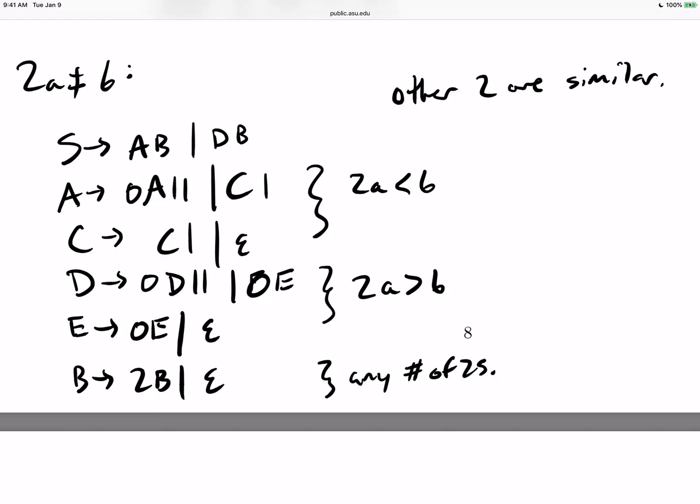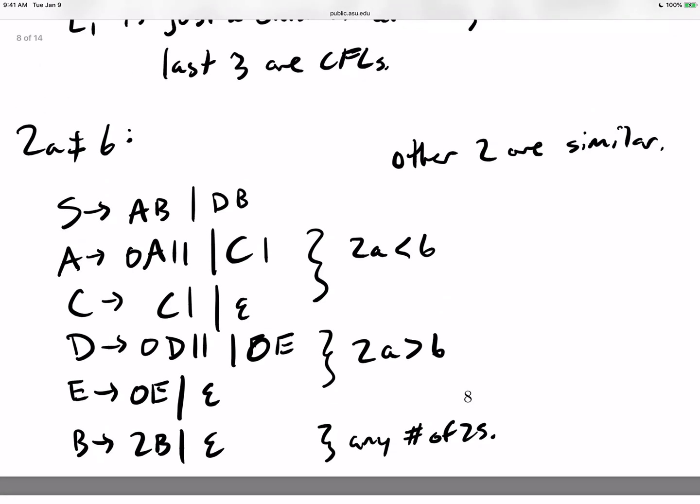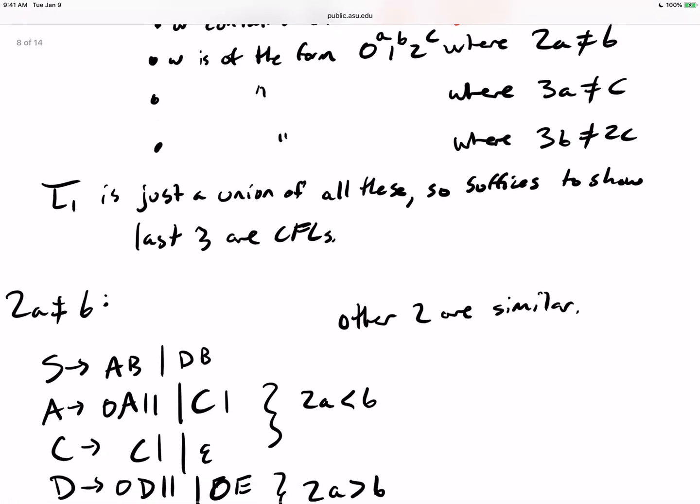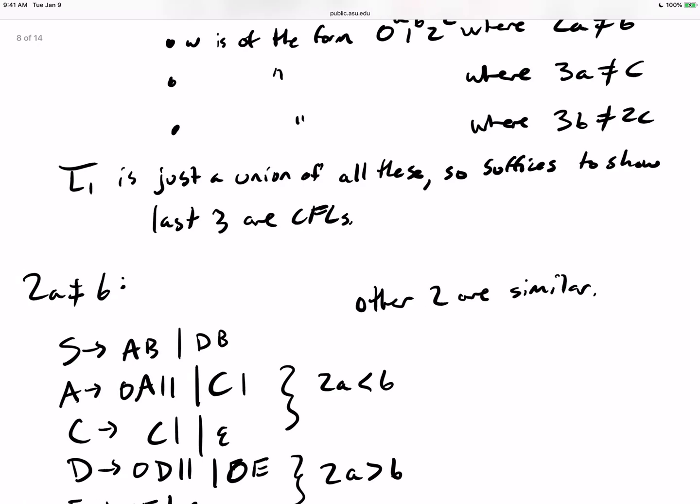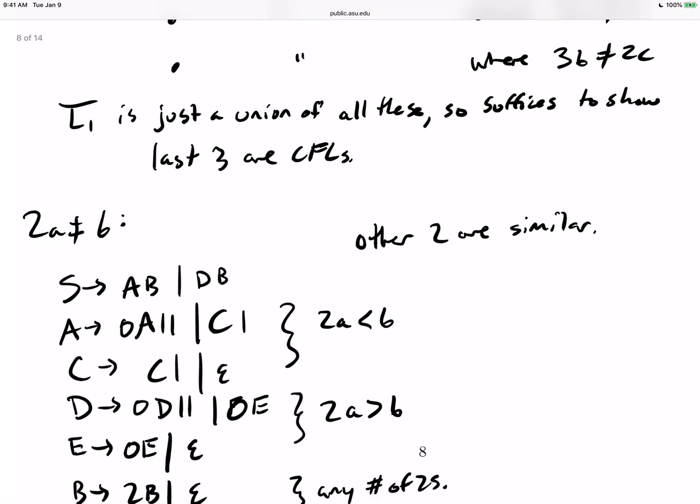So what I do instead here is I generate a 0 with two 1s with the d variable, and then at some point, I'm going to transfer over to the e variable, which spits out more 0s. And for the other two, the 3a not equal to c version, the only thing that you do there is, instead of a 0 with two 1s, you spit out a 0 with three 2s. And then you handle the 1s in the middle.